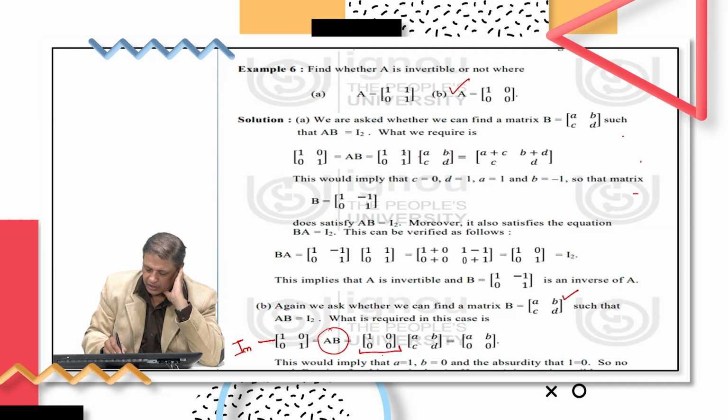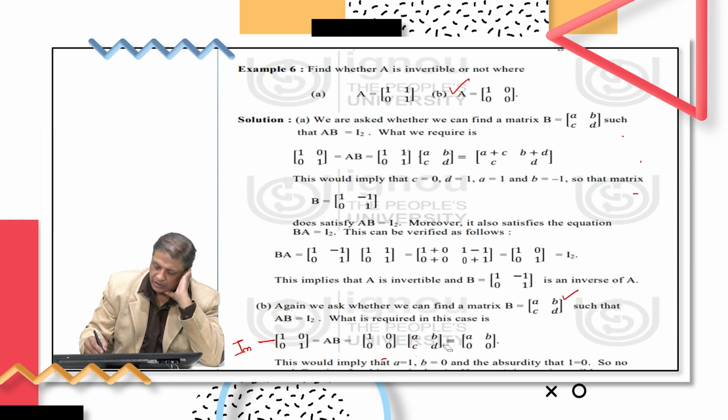Given value of A is this, and we assumed the inverse of matrix A is B. After performing the matrix multiplication, 1 into a plus 0 into c will be a. Similarly, 1 into b plus 0 into d is b. So after the matrix multiplication, you will get the result as a, b, 0, 0.